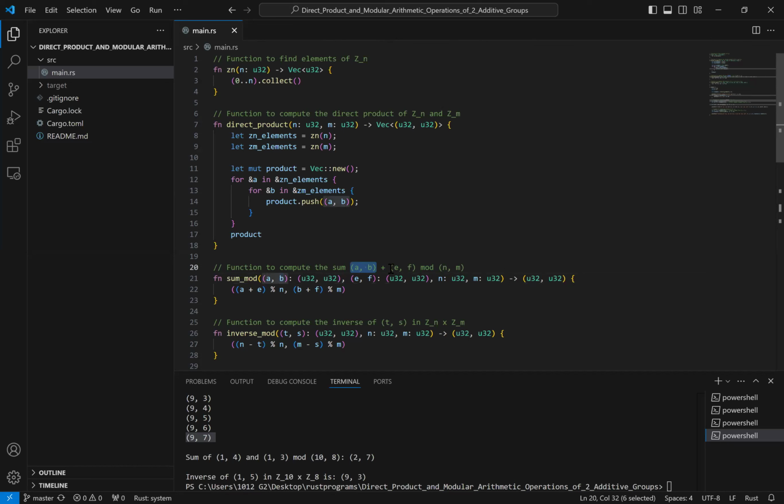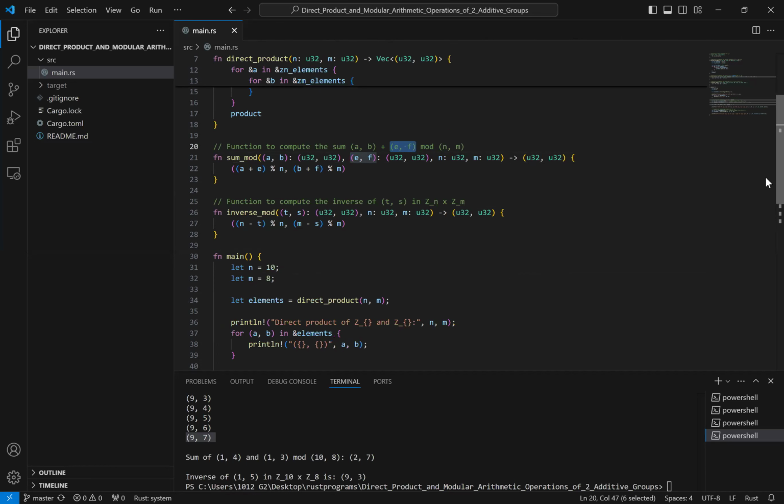Then I can have EF. So if I want to add AB and EF, I must know what position those elements are.